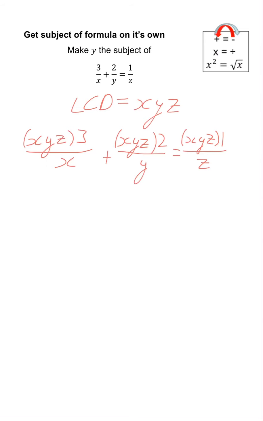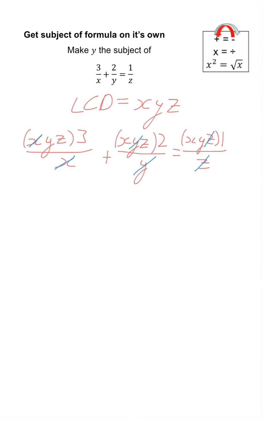From here, we can do some cancelling out. So in the first one, the x here will cancel with x here. Then the next one, the y and the y, and then z and the z. Okay, it'll become a lot easier now.